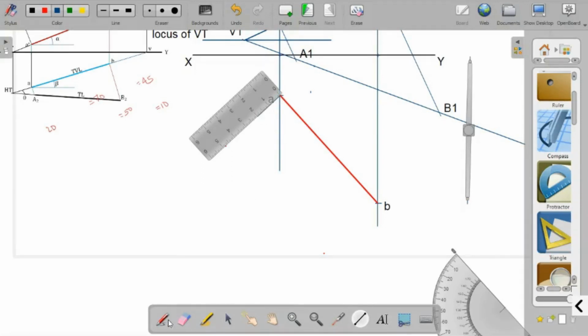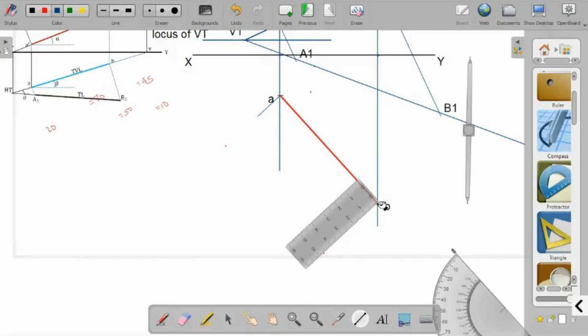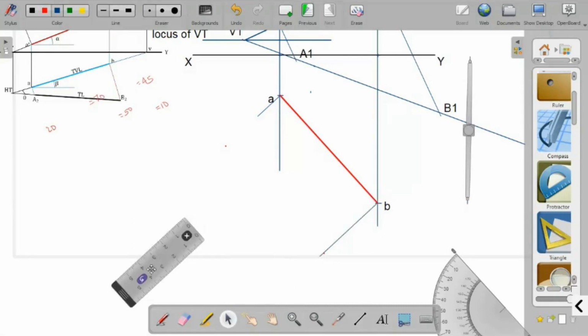Here it should be 50. Okay. Now what we have to do is we have to join.